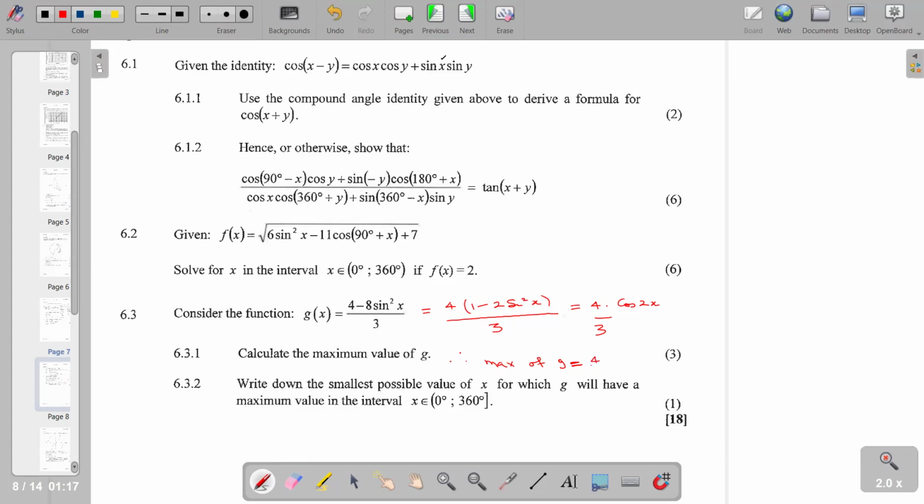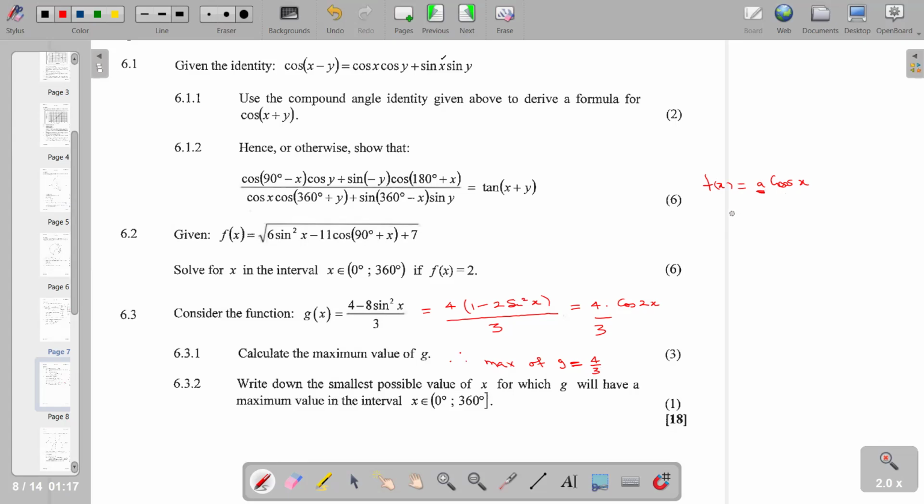4 over 3. Because if we were given a trig function like maybe f(x) is equal to a cos x, this coefficient of the ratio tells us about the maximum and the minimum.